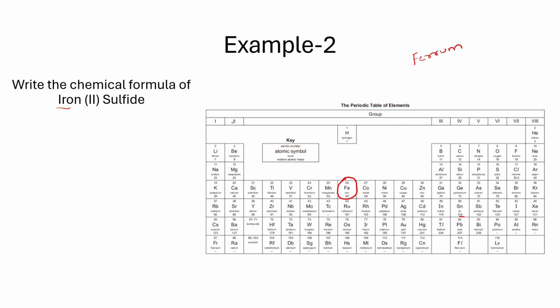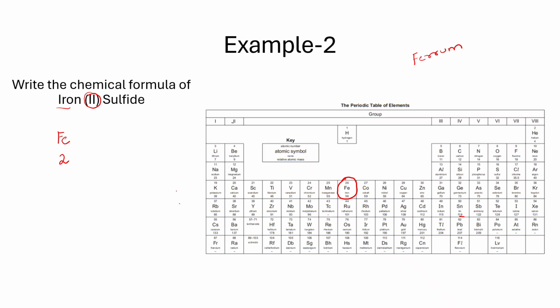Anyways, coming back to our problem. The symbol of iron is Fe, and the valency that is being shown in this particular compound by iron is 2 as shown by the number in the parenthesis.